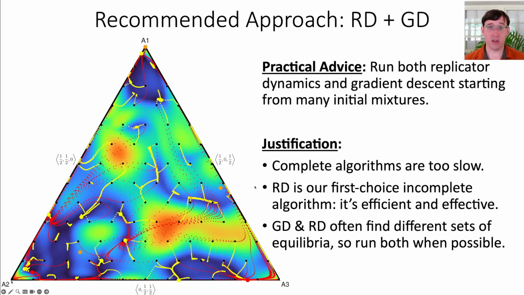We recommend this approach because the complete algorithms that are guaranteed to find an epsilon Nash equilibrium are dramatically slower and can't really be run on large games in practice.